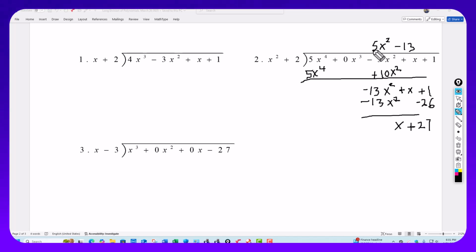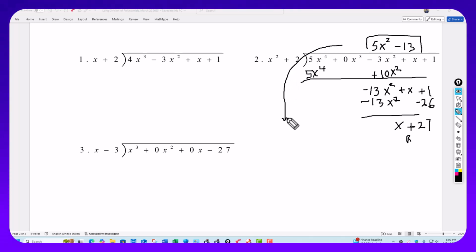So you can answer this as, again, give the quotient 5x squared minus 13, and the remainder is x plus 27. Notice the degree of the remainder is 1. The degree of the divisor is 2. So now it's less than the degree of the divisor, so we can stop right there. So again, the answer can be given this way: 5x squared minus 13 is the quotient, remainder is x plus 27.